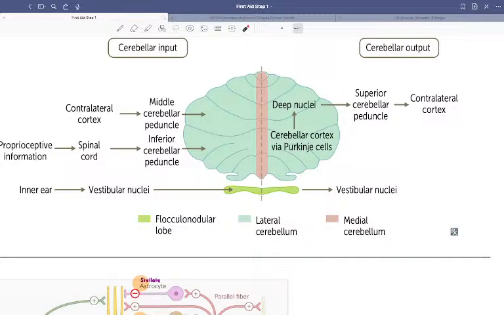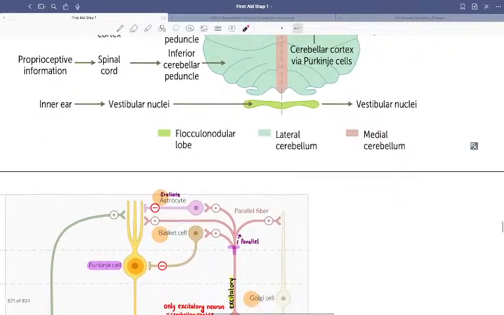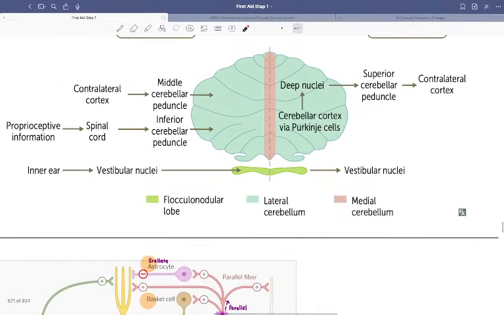So the final thing is we have to somehow stimulate the deep nucleus, which in turn will take the connection from the cerebellar peduncle to the contralateral cortex.